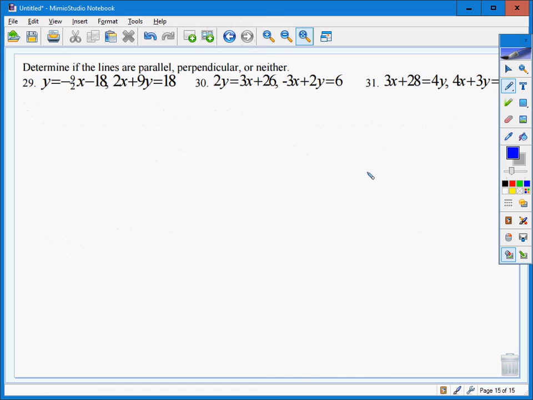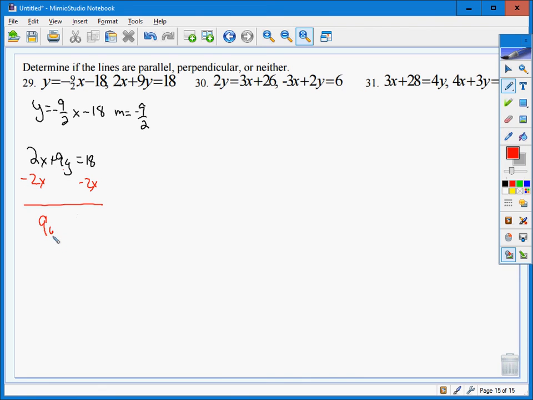Here, in order to determine if these are parallel, perpendicular, or neither, both equations need to be in the form y equals mx plus b. The first one already is, and I can see my slope is -9/2. The second one, however, is not, so I have to solve it for y. I'm going to get rid of the 2x.